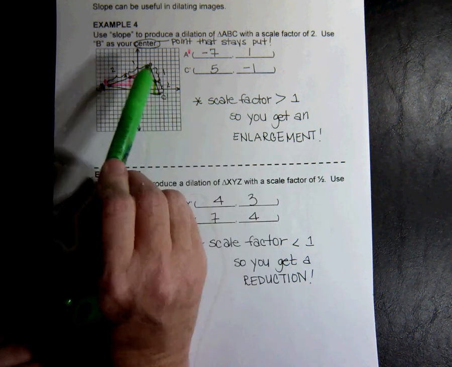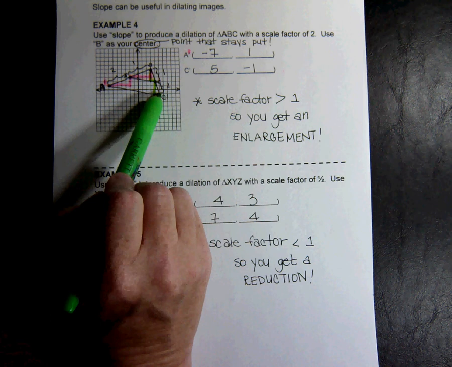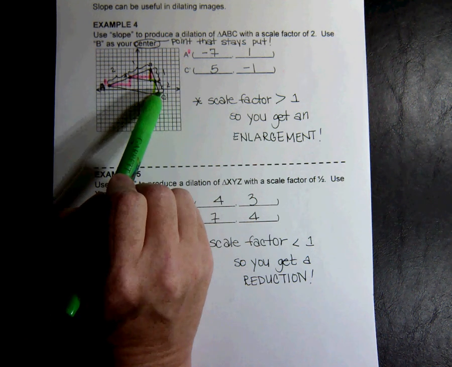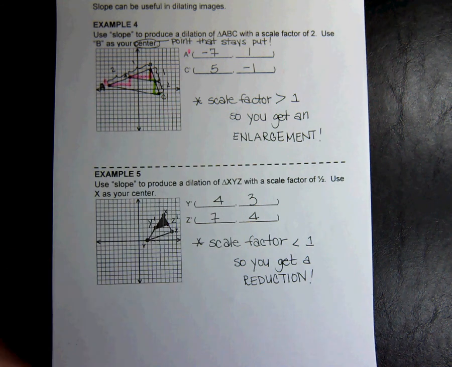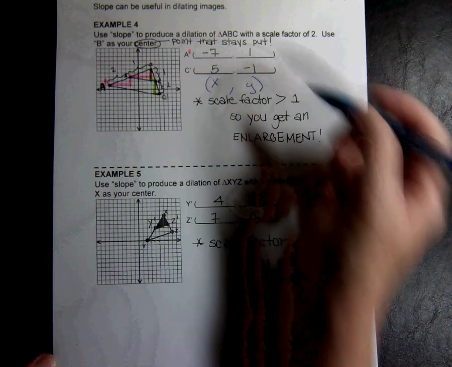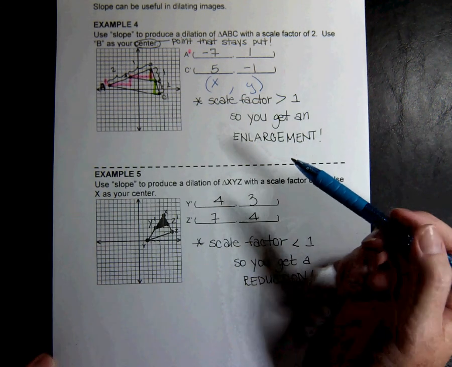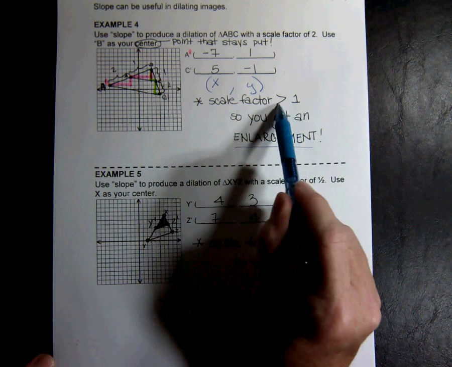That's what's shown here with the 1s and 2s. And then my new point for C is +5, -1. Coordinate points. Remember when you're naming coordinate points, X and then your Y. And notice what happened. My triangle was enlarged when the scale factor is greater than 1.